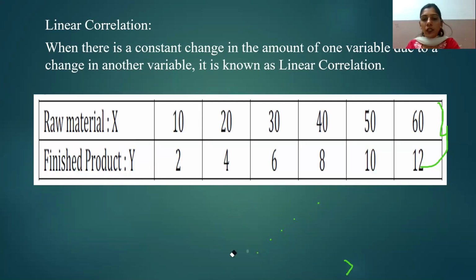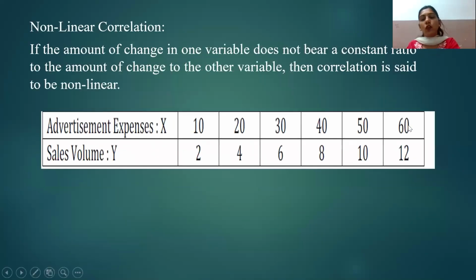Now, non-linear correlation. What is non-linear correlation? If the amount of change in one variable does not bear a constant ratio to the amount of change in the other variable, then that correlation is said to be non-linear correlation.